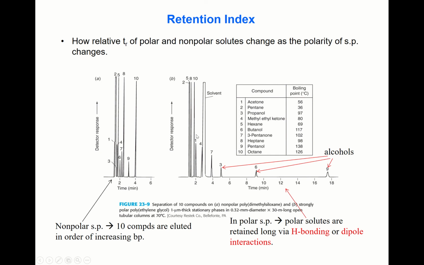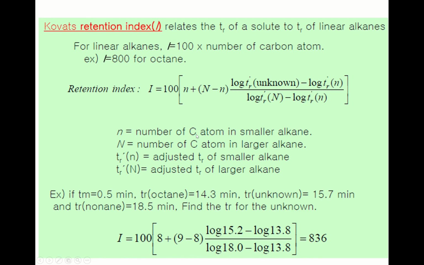But how do we quantitatively treat that retention time? Here is the Kovats retention index I. This retention index relates the retention time of a solute to the retention times of linear alkanes.